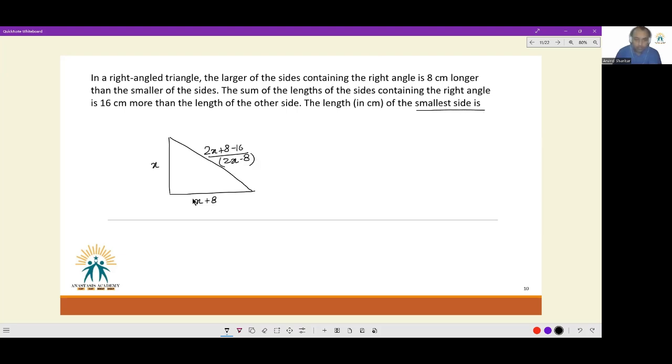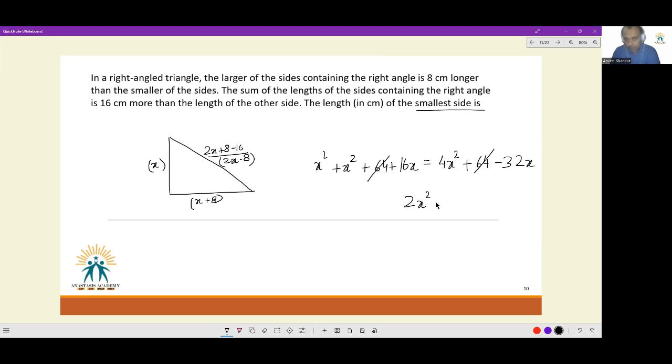We can apply the Pythagoras theorem. These are the three lengths. All of them are in the same variable. We get x square plus x plus 8 whole square, which is 64 plus 16x, is equal to 4x square plus 64 minus 32x. 64 cancels.